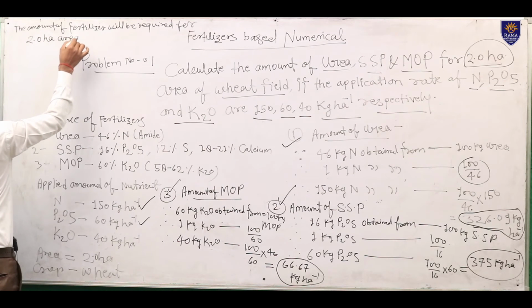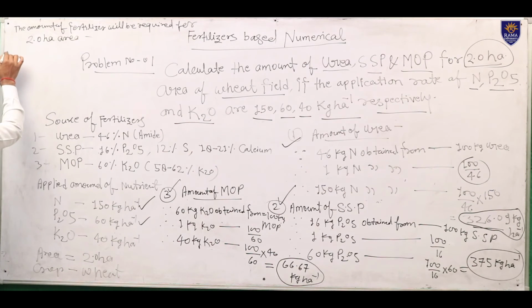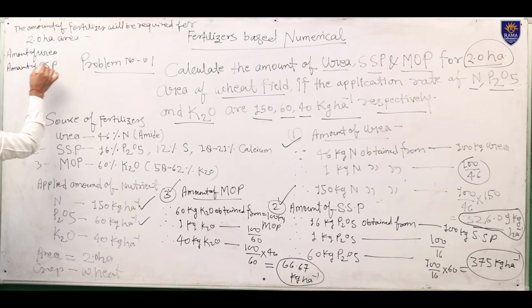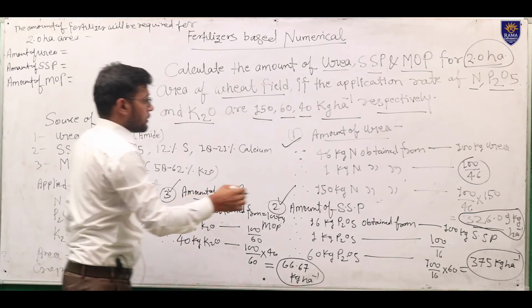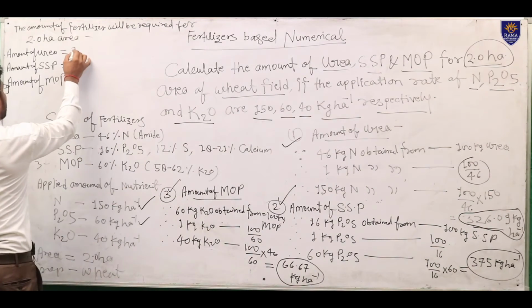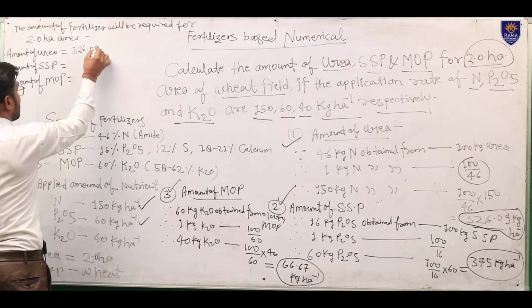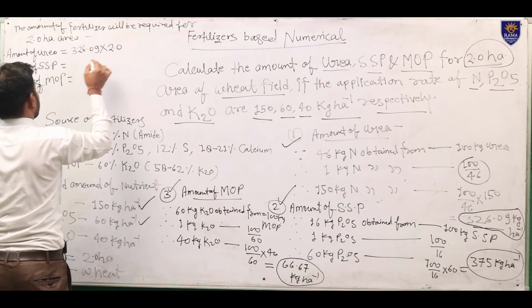We calculated 326.09 kg urea for 1 hectare, and in our numerical the area is 2 hectares, so we multiply by 2.